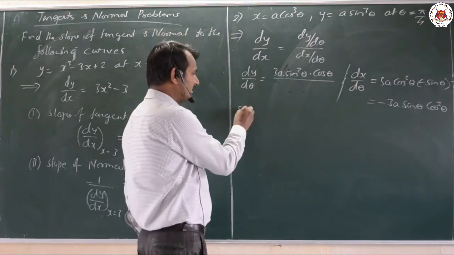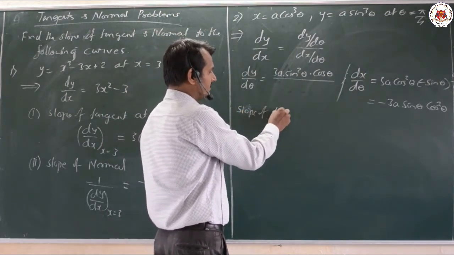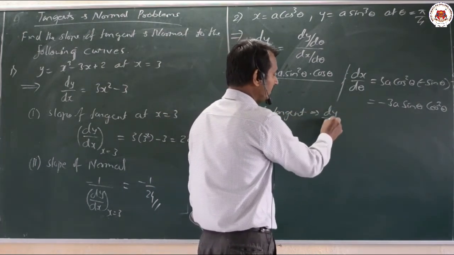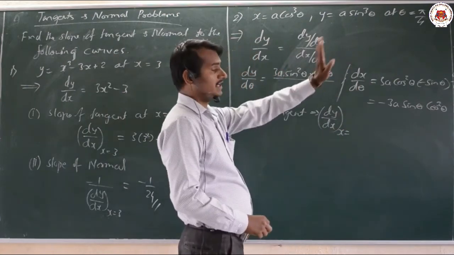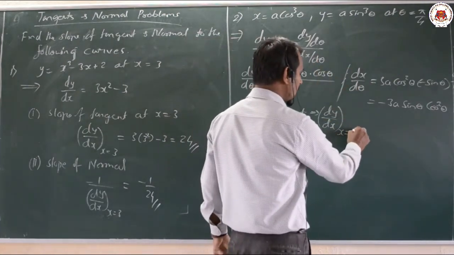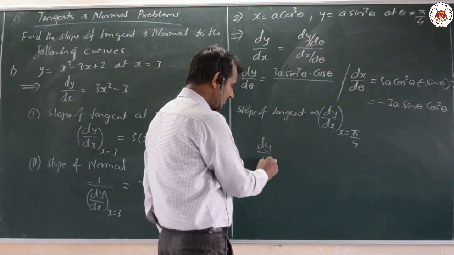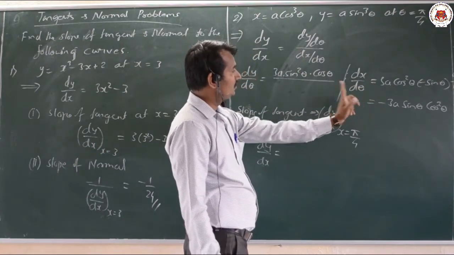Now let us substitute both of the values in dy by dx. Here the slope of the tangent is dy by dx at theta equal to pi by 4. What is the dy by dx value? I will substitute both of the values.